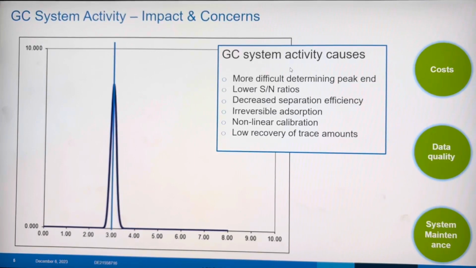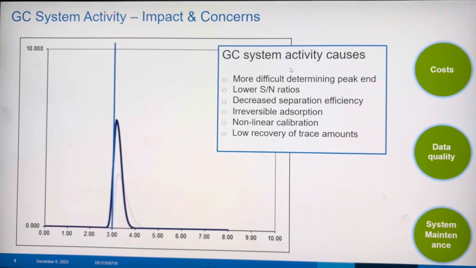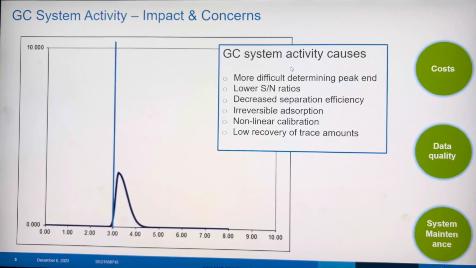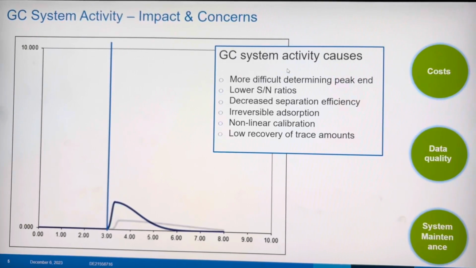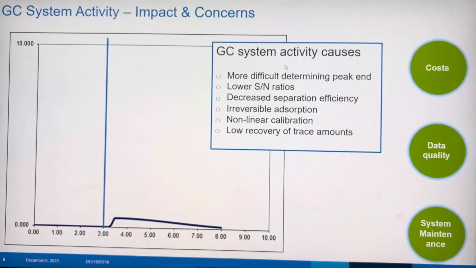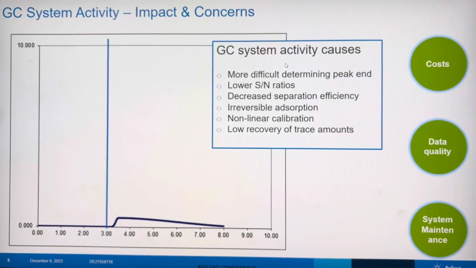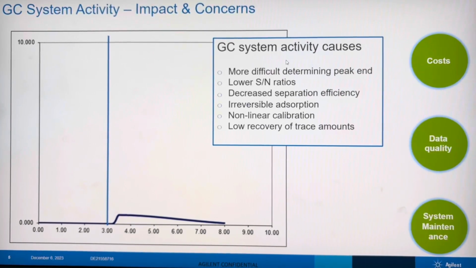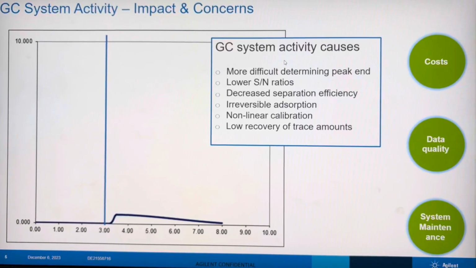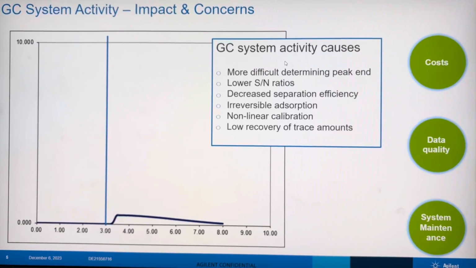More importantly, for determining our peak for quantitation, we need a good signal-to-noise ratio, and we should not have lower separation efficiency. We need good separation to get good resolution between the peaks, and the retention order needs to be proper.